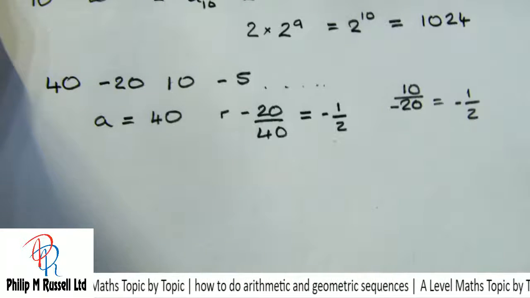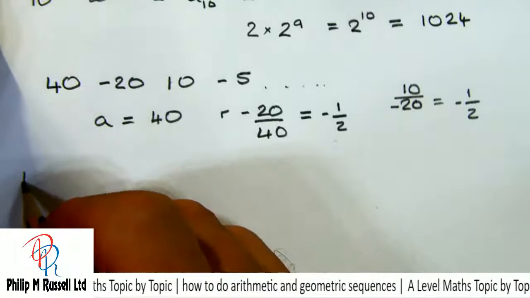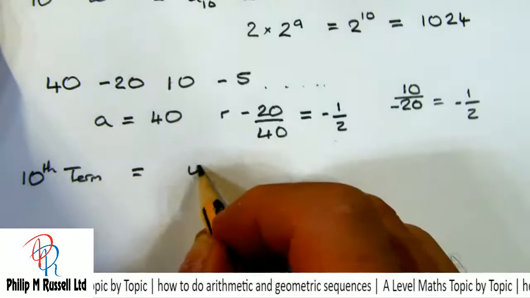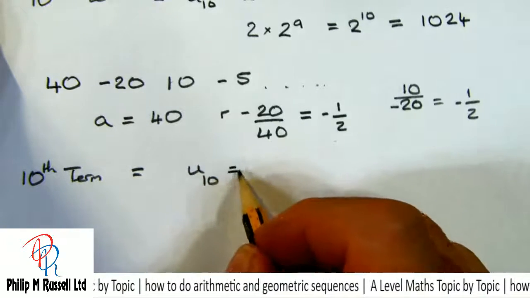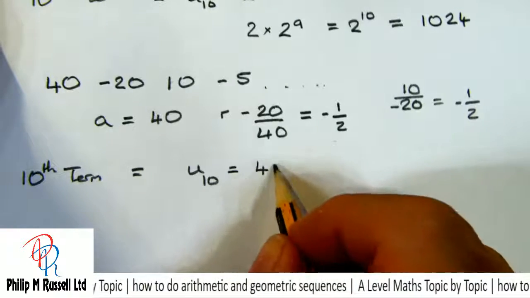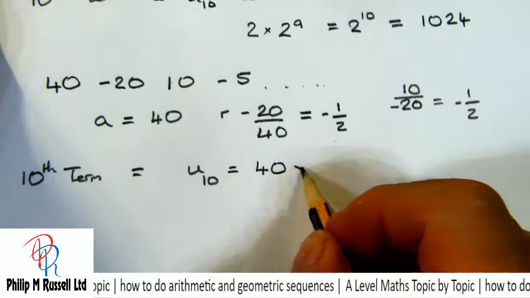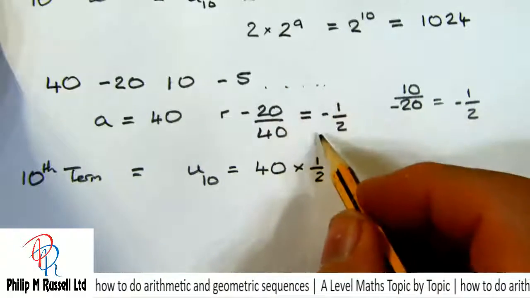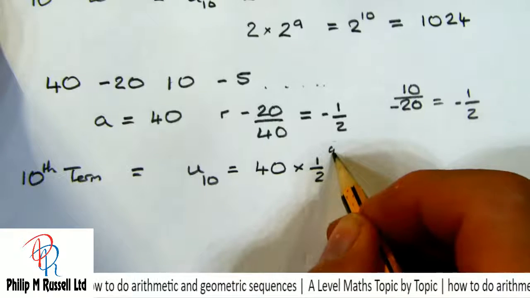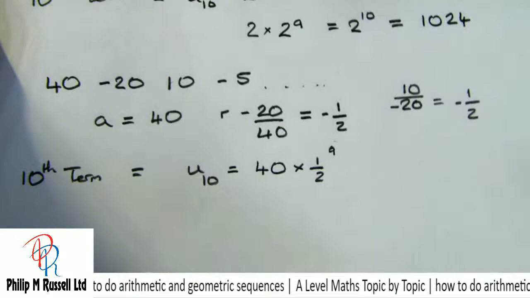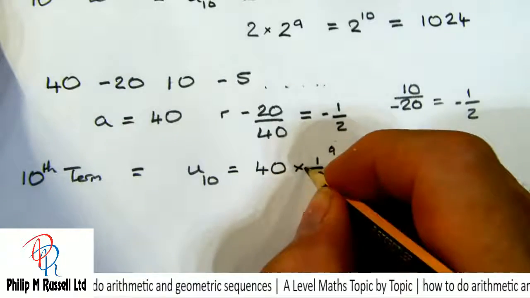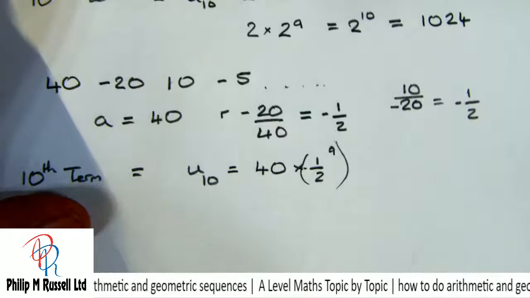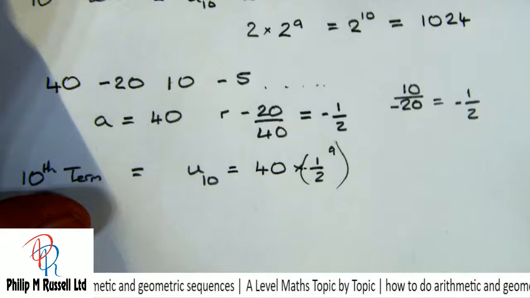And let's suppose we're asked to find the 10th term again. So u to the 10 is going to be a, which in this case is going to be 40, times minus a half to the power of 10 minus 1, which is going to give me 9. So now I've got to work out what a half to the 9 is.